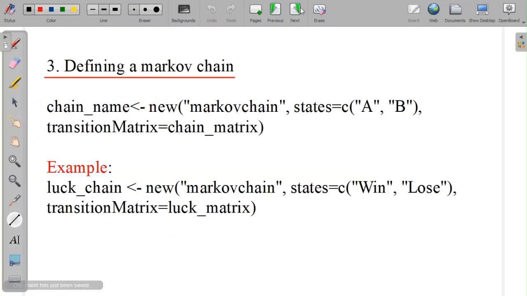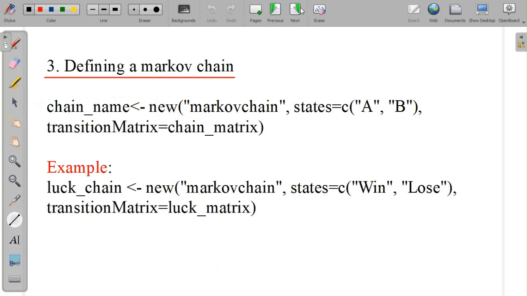The next is to define or declare a Markov chain. We give the name of the Markov chain as chain_name, and the command goes as new of "markovchain" within quotes, and we list all the states in the state space of the given Markov chain, and then we also define the transition matrix, which we call chain matrix, and we assign it to the transition matrix argument.